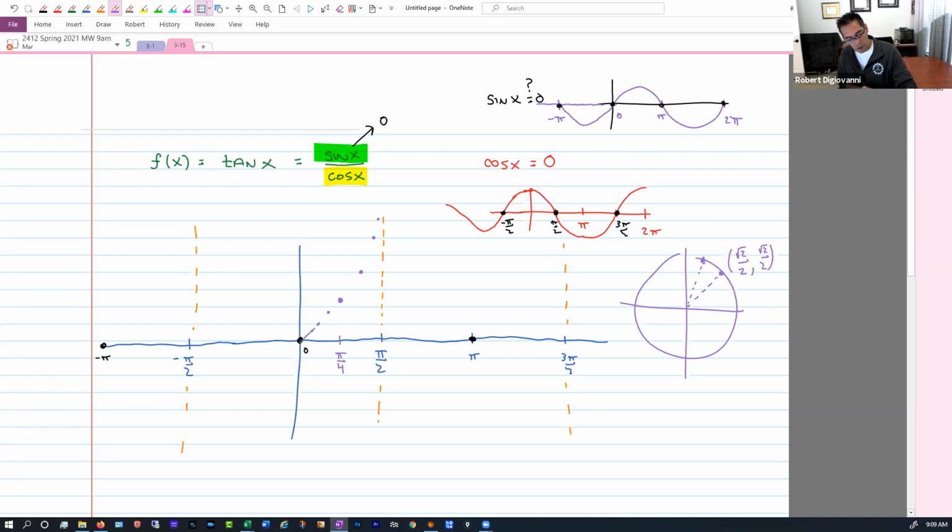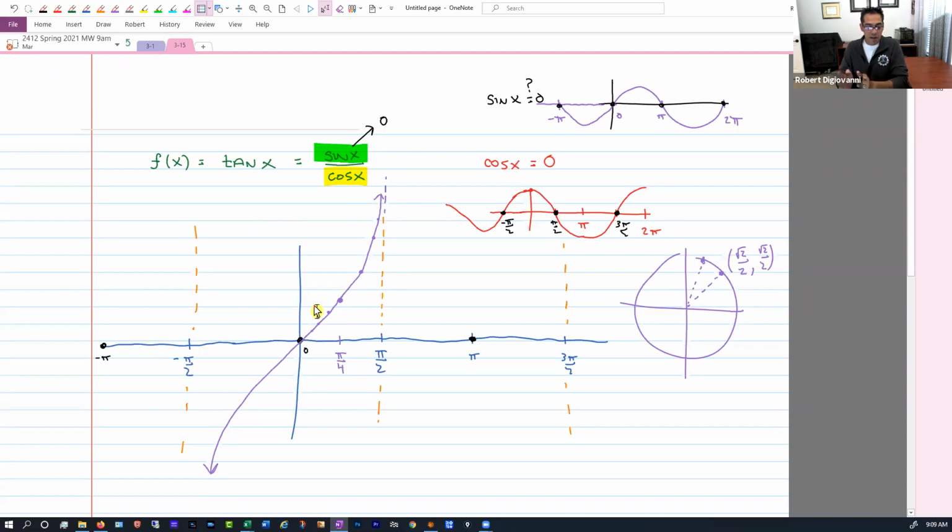And so your graph would look almost like the right side of a parabola. It would go up, and then you have the vertical asymptote in the way. And if you went the other direction, to the left, you would see that you get the same numbers, but they'd be negative. So it'd be going like this. And so this right here is what the tangent function looks like.